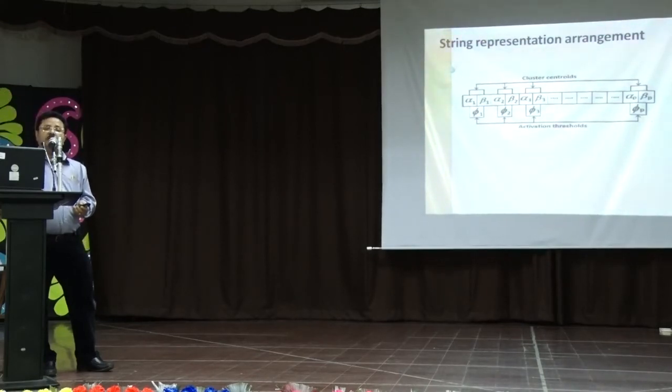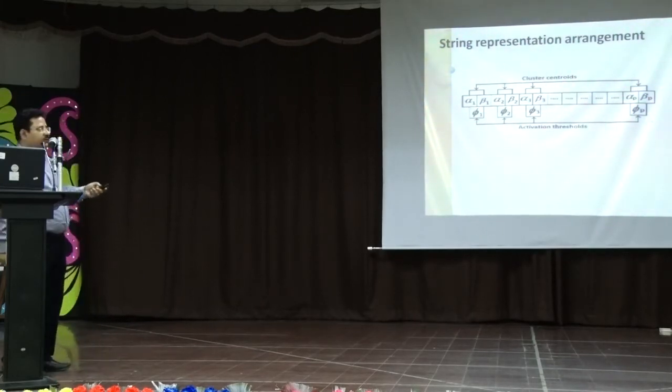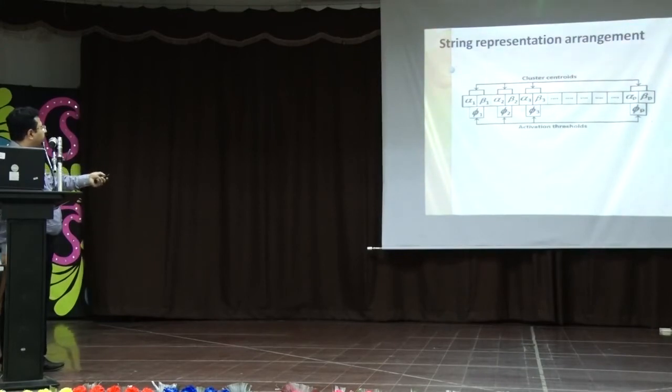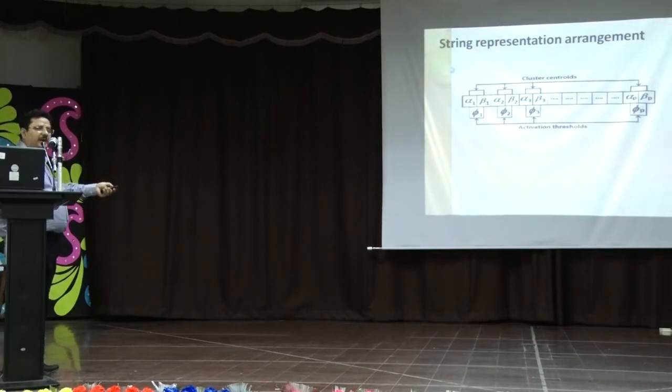Now the objective is to devise quantum versions of those algorithms and apply them to automatic clustering. So if you go for the quantum version, obviously there are no zeros and ones, there will be qubits. So the entire chromosome string comes up like this. You see, alpha 1, beta 1, alpha 2, beta 2, alpha 3, beta 3, up to alpha P, beta P. That is P number of bits.